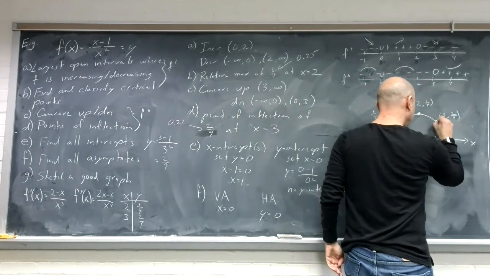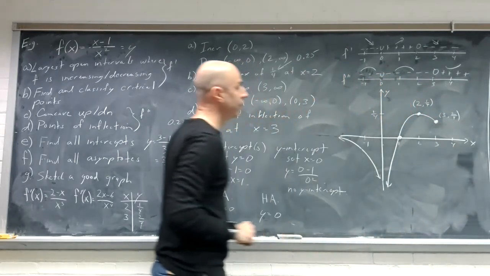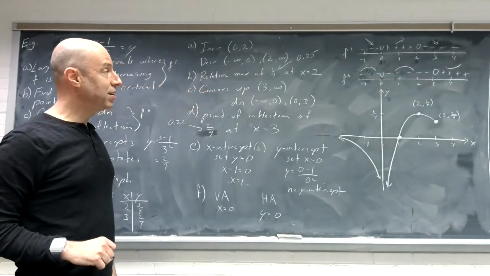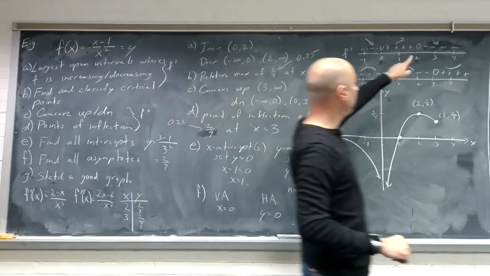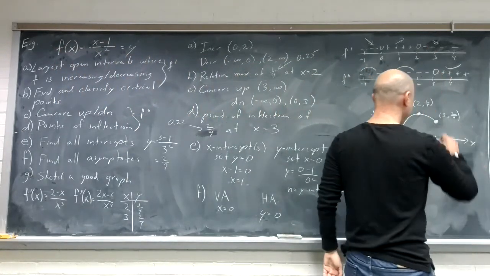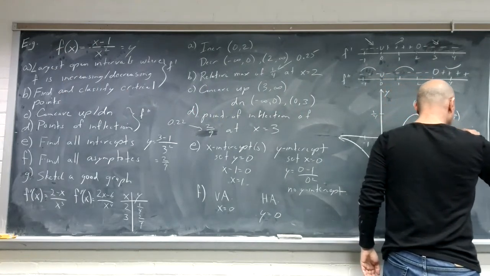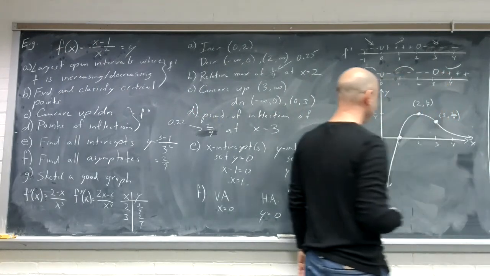Decreasing on a hill, going through that point. After that, we're still decreasing, but this time in a valley, and we're getting closer and closer to the x-axis. So decreasing in a valley, approaching the x-axis asymptotically.